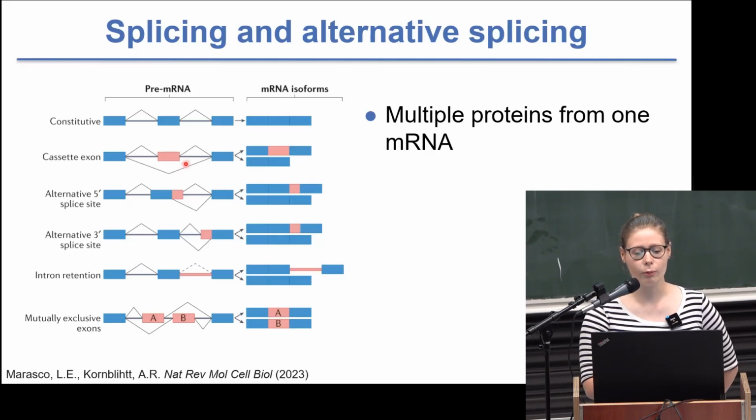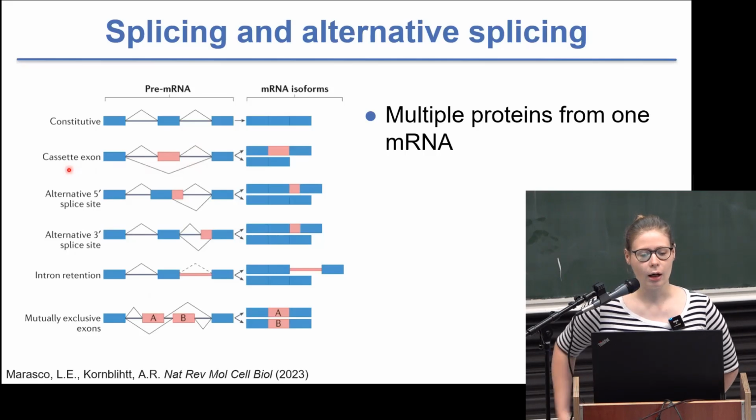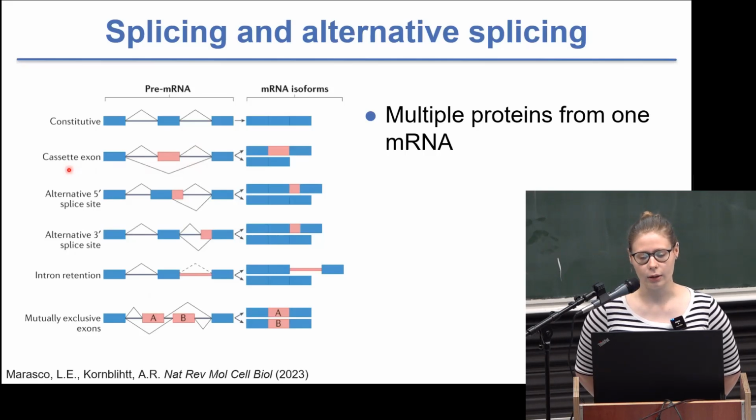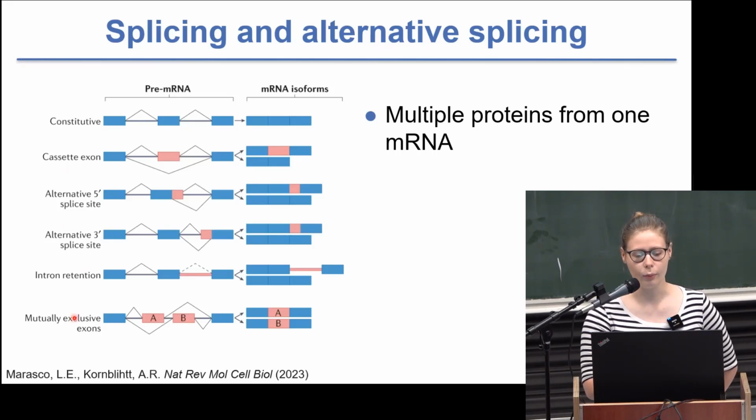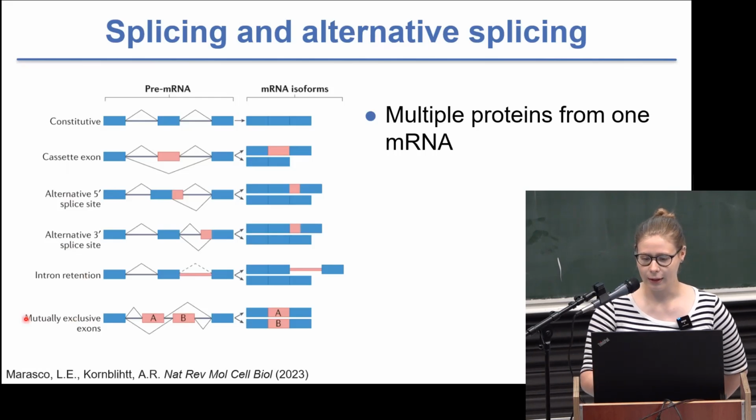The most common one is exon skipping. However, there are also many different forms that have been recorded, everything from alternative 5' or 3' splice sites to intron retention or multiple mutually exclusive exons.